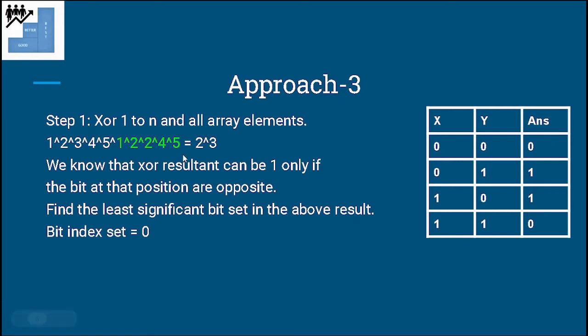In this case, 2 XOR 3 would be 1, and the corresponding bit index comes out to be 0. The first bit would be set in 1, so the bit set index we get is 0.